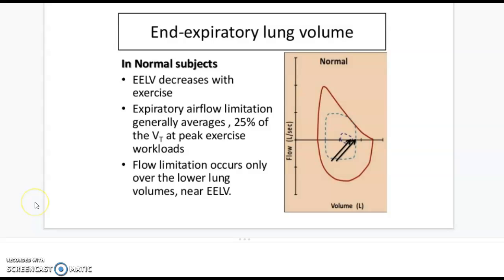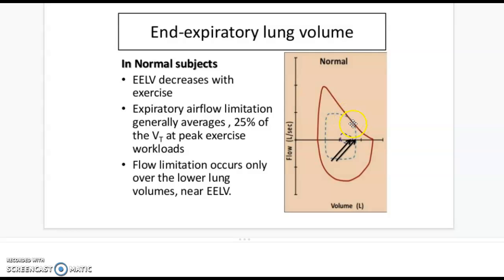Okay, back to our end expiratory lung volume. Remember, this should decrease with exercise. However, people with COPD have larger than normal end expiratory lung volumes, with expiratory airflow limitation, 25% of the tidal volume at peak exercise workloads. And that's this right here.